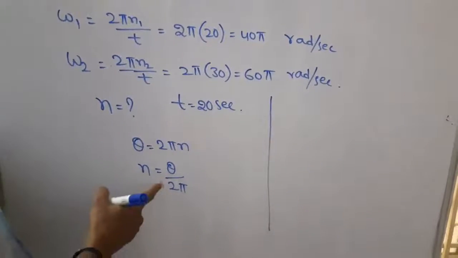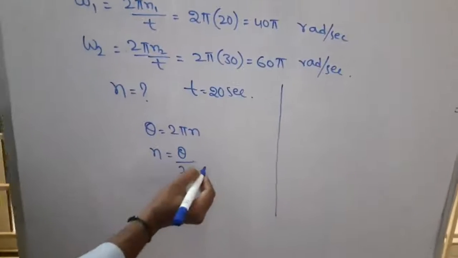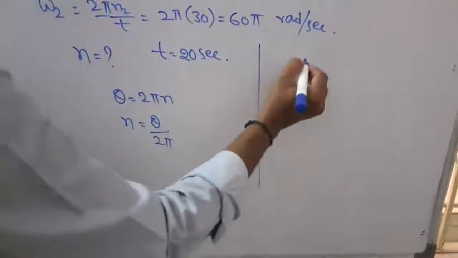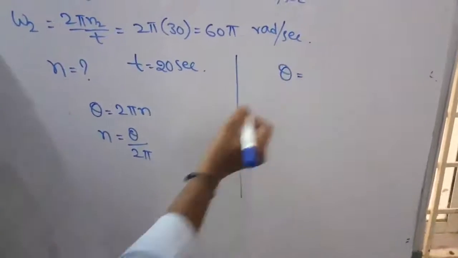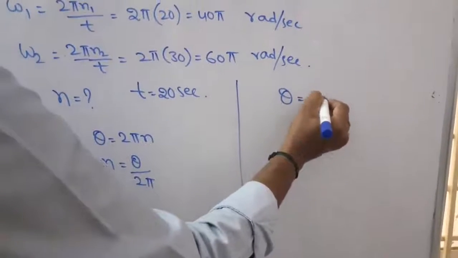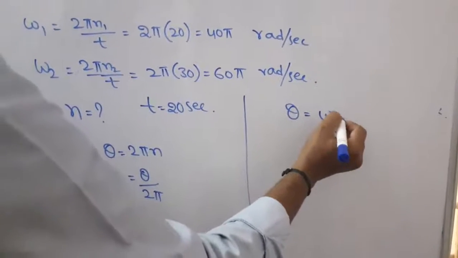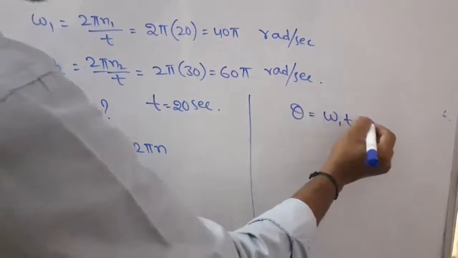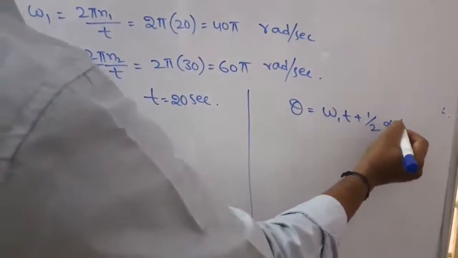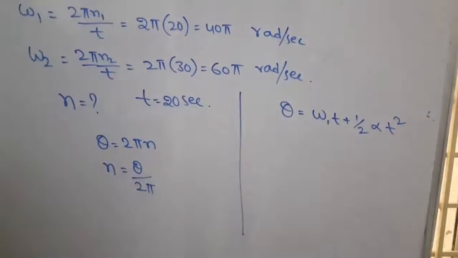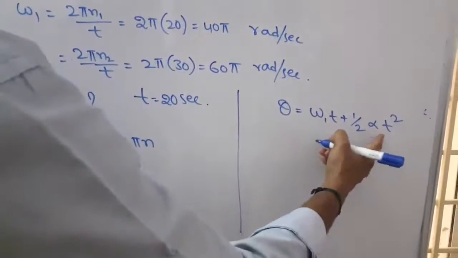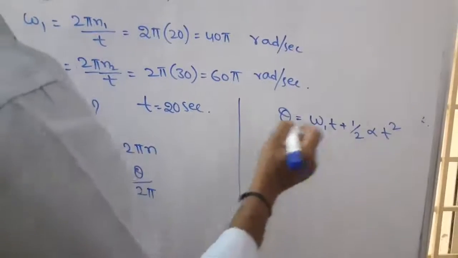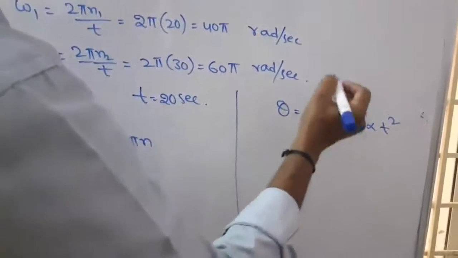So first, theta, the angular displacement, is equal to ut plus half into alpha into t square, with angular velocity in place of u. Here the alpha value is also an unknown term, so first we will find alpha.